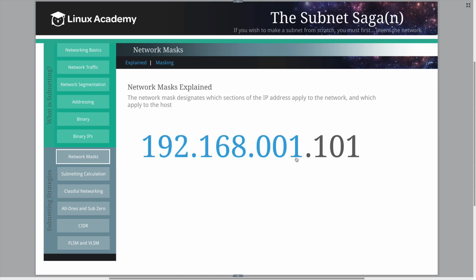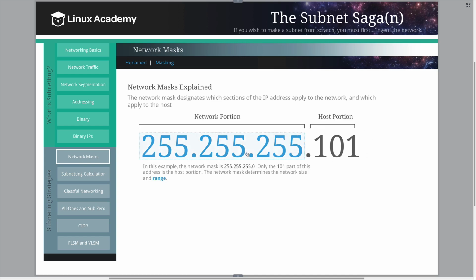So looking back at the original address, if this is 255.255.255.0, then 192.168.1 is the network and 101 is the host. And if we know that, then we know the size of the network and we can calculate the actual range. In this case, the range will be 192.168.1.0 to 192.168.1.255.